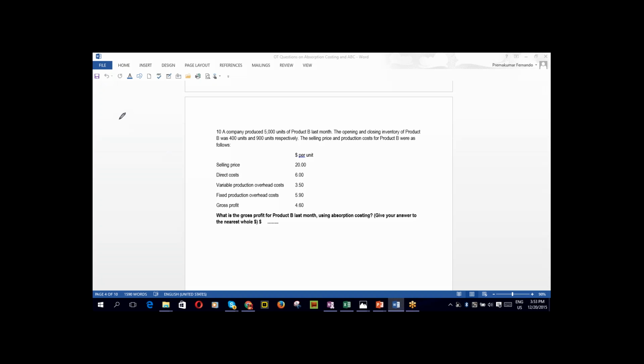The opening was 400, then produced 5,000, that is 5,400, closing 900. That means they have sold 4,500, right? 4,500 is what they sold. So simple, 4,500 into 20 is your total sales, 90,000.